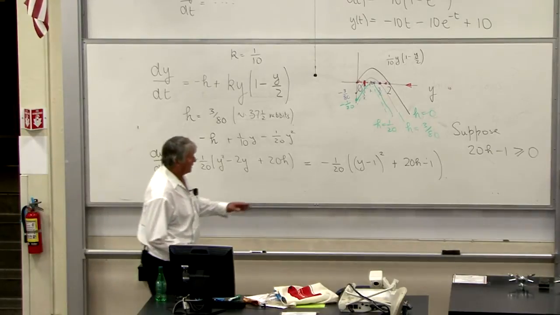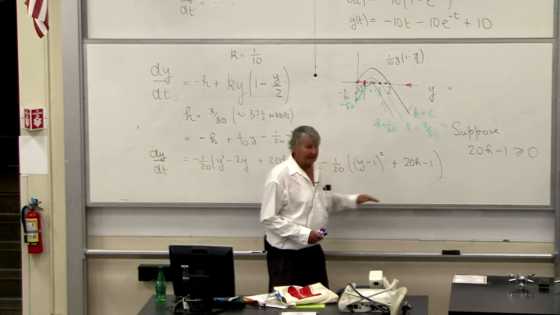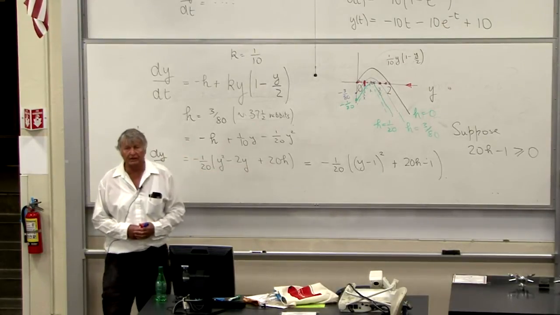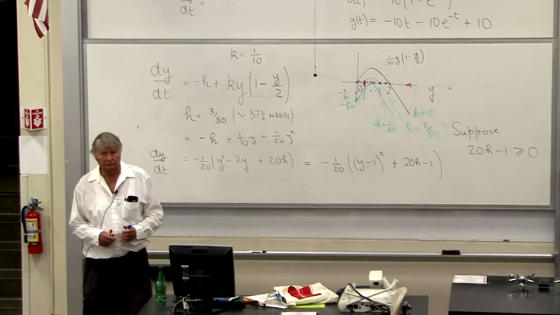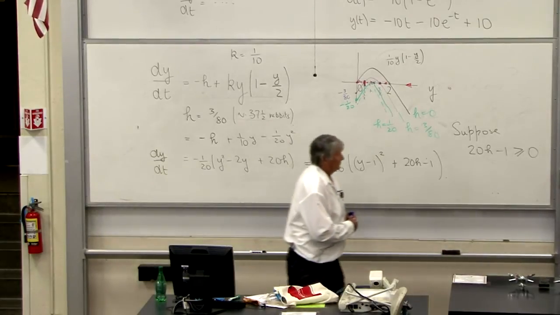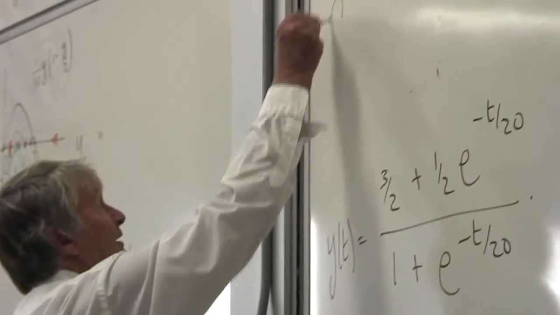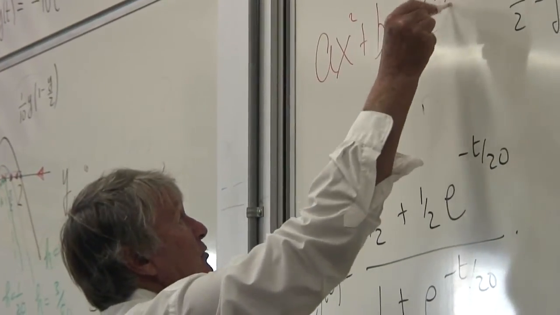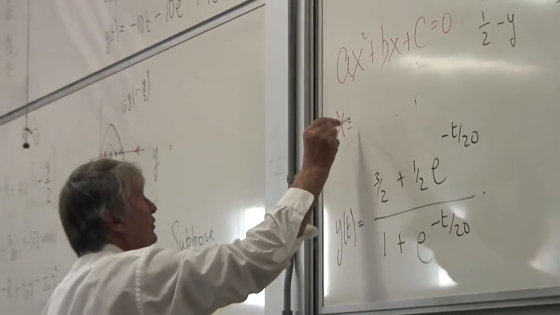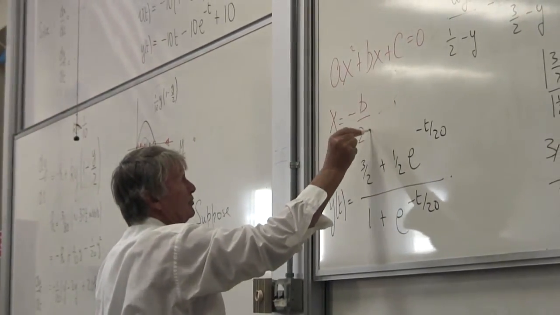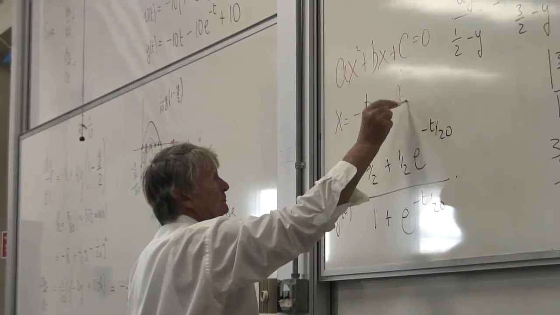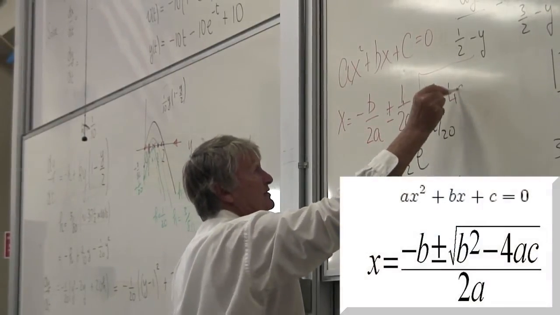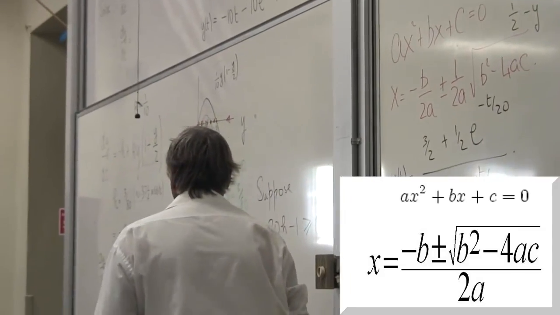Right. I look here. I have this quadratic expression. I want to know, when does it have two real roots? Remember, you must remember this formula, ax squared plus bx plus c equals 0 has roots, and you get them exactly by completing the square. The b squared minus 4ac term.